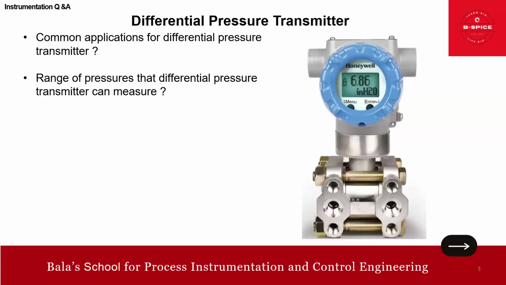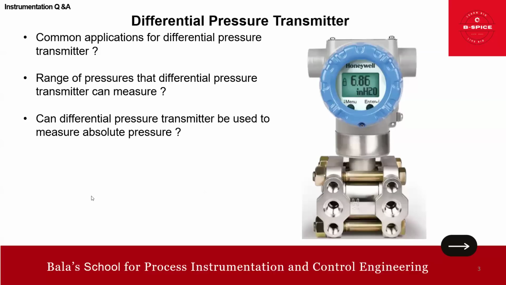It varies from very low differential pressure, like a few millibars or inches of water, to a high differential pressure, hundreds of bars or PSI. So it varies, right? For that particular application, we need to select accordingly. In fact, those things also we have covered in detail, with many videos on this. If you want, you can watch and get benefited if you are interested.